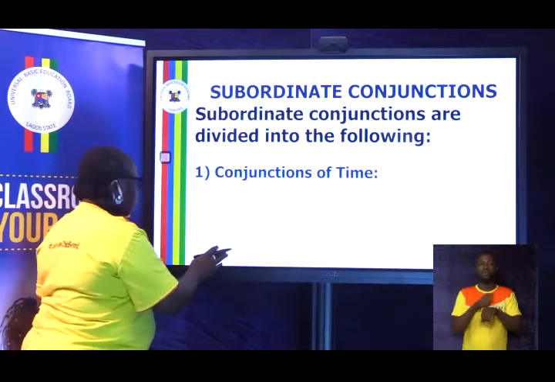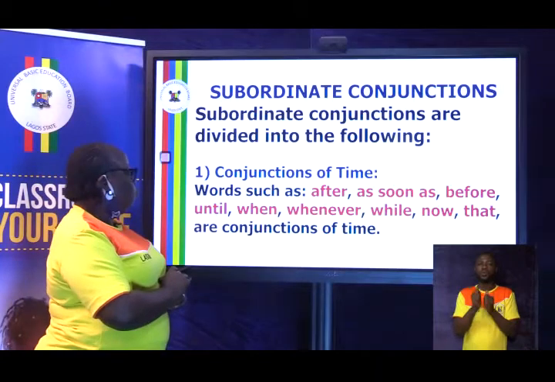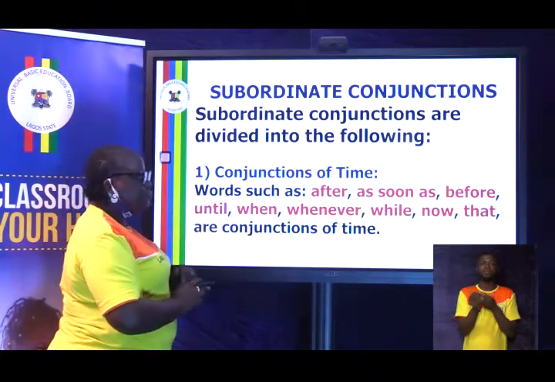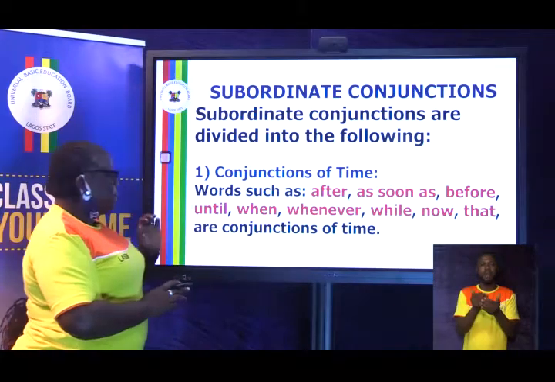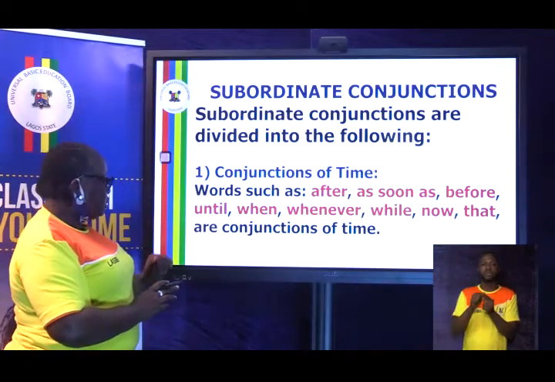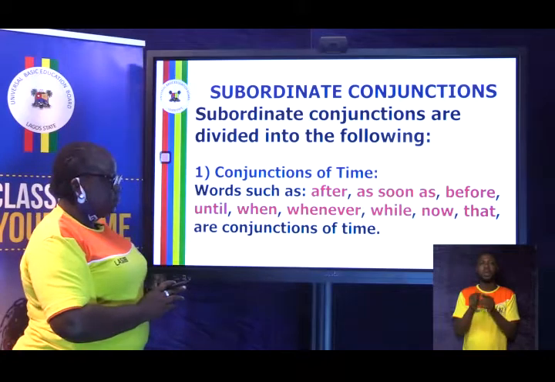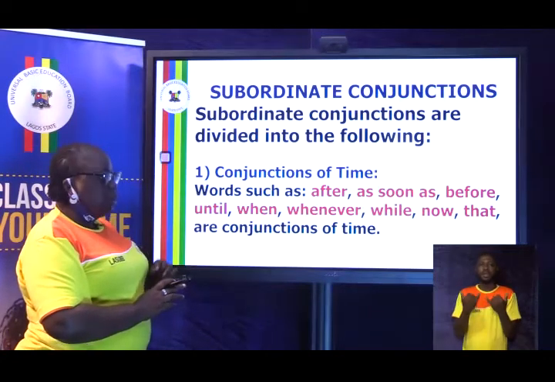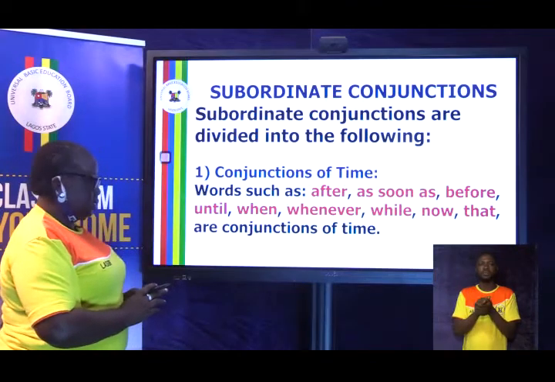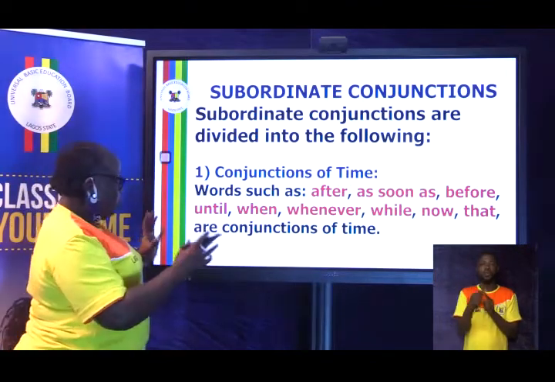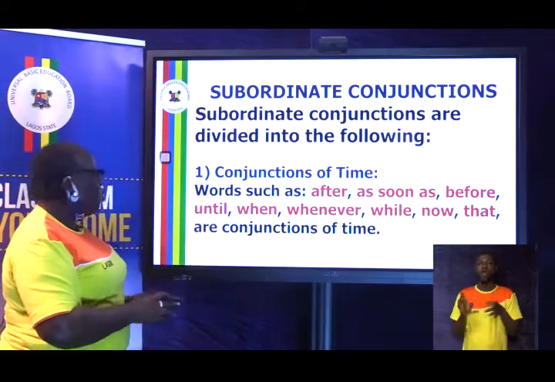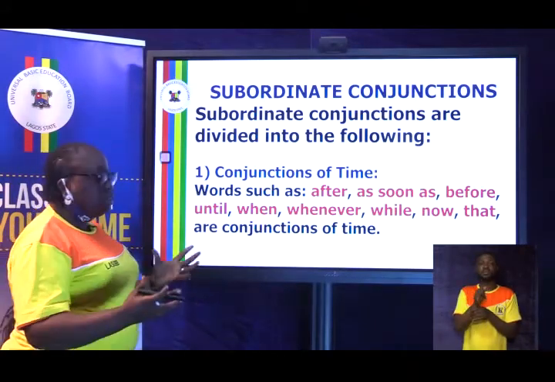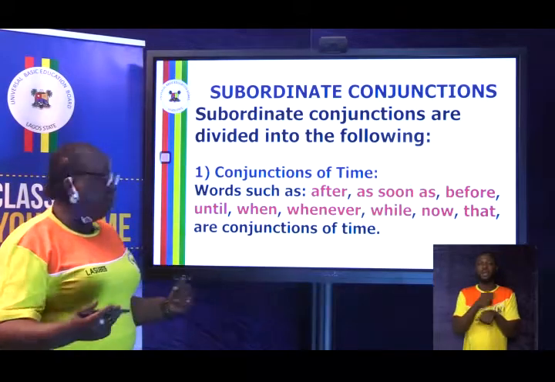We have conjunctions of time, which are words such as after, as soon as, before, until, when, whenever, while, now, that. All these words are examples of conjunctions of time because they deal with timing.